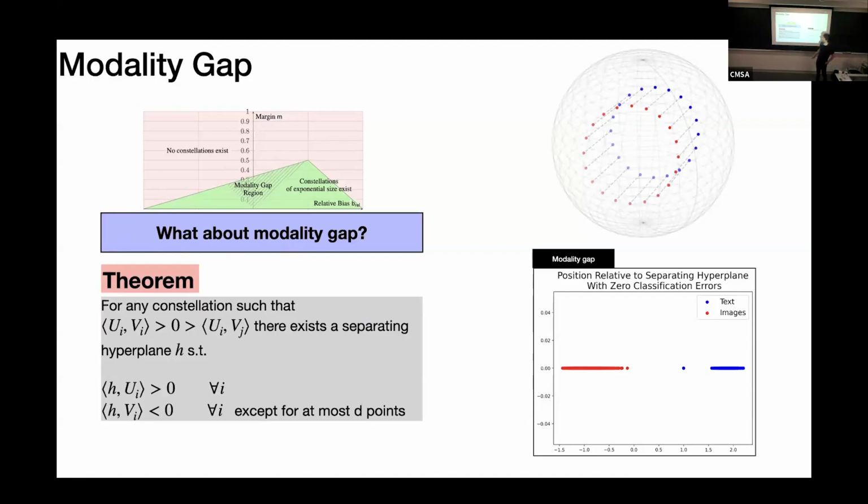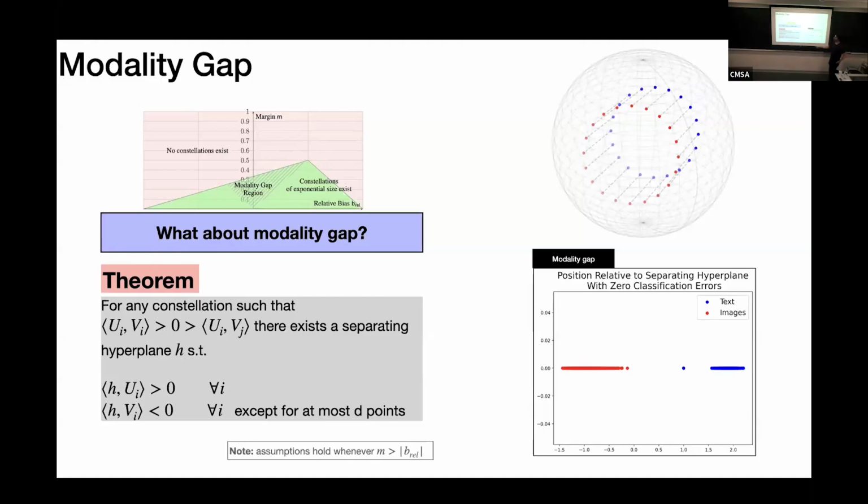It says for any constellation where the matched pairs have a positive inner product and the mismatched pairs have a negative inner product, there exists a separating hyperplane H that demonstrates the modality gap. So it has a positive inner product with the U_i's and a negative inner product with the V_i's. So the picture when projecting along H looks like this one, where all the text is on one side and the images on the other.